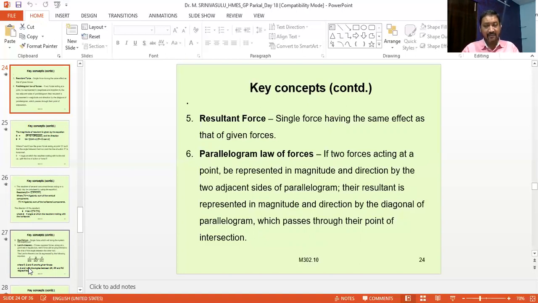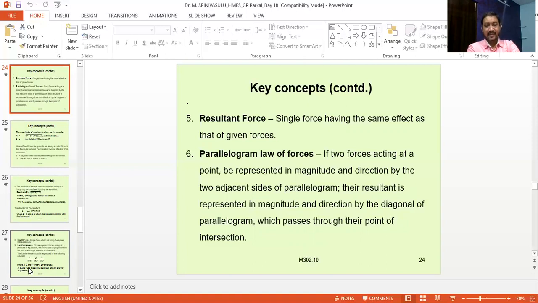It makes some angle with one of the horizontal sides, and the angle is nothing but the direction of the resultant. So this law is helpful to find the magnitude and direction of the two coplanar concurrent forces acting on a body.